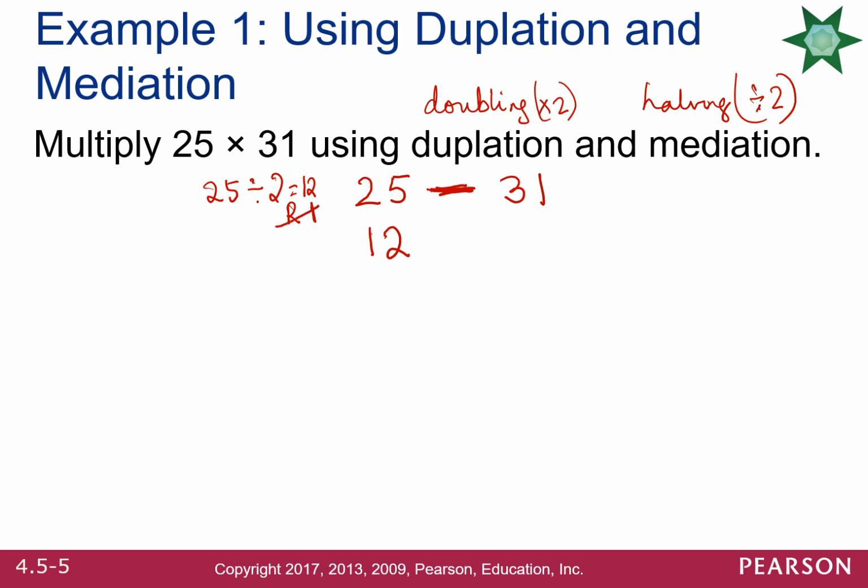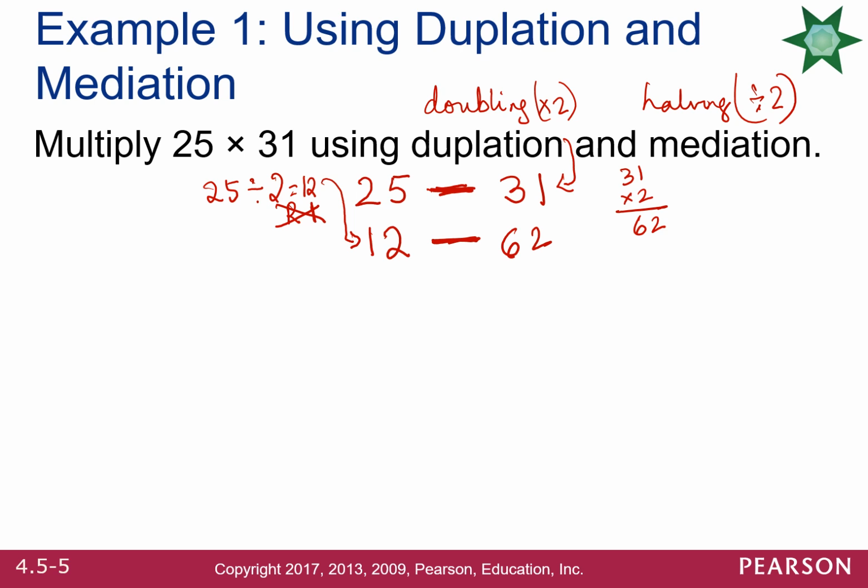So we are going to ignore the remainder and just write this 12 underneath the 25. As far as the 31 is concerned, we have to double it. So 31 multiplied by 2 is 62. I'm going to write 62 and put the dash in between the two to keep it separate. And then we have to continue the process.